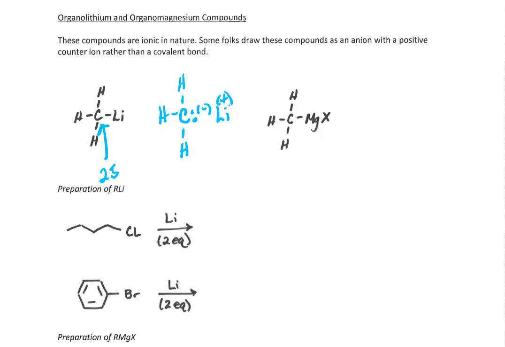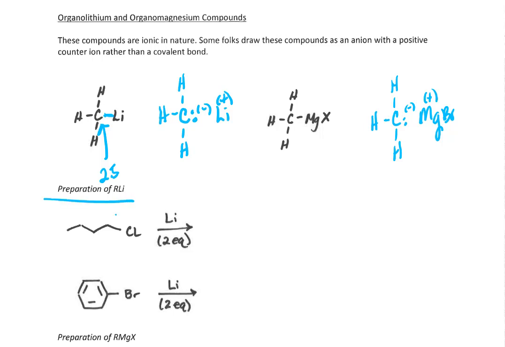They're just trying to say that the carbon-lithium bond is so polar that it's almost like the carbon's a carbanion. The same thing can happen with Grignard, where people will sometimes draw your Grignard in a similar fashion, like this, where again, all they're saying is that carbon has so much electron density that it can behave like a carbanion.